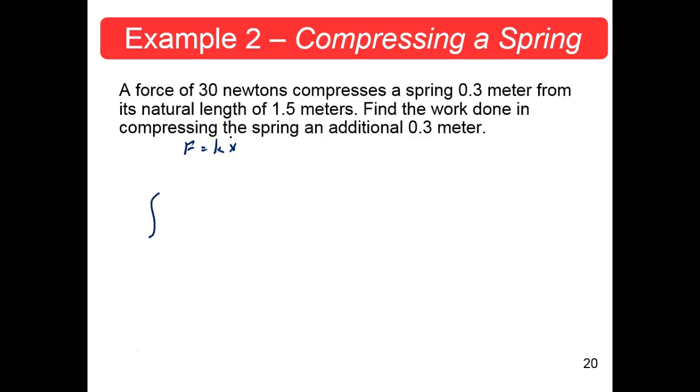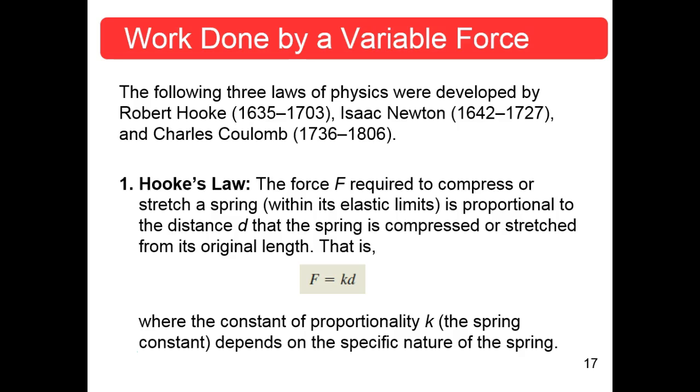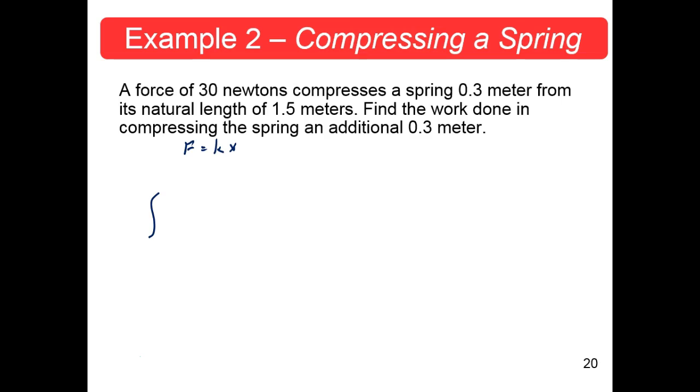I don't want to use D. Any ideas why? Yeah, then it'll be dD, which sort of is bizarre for some reason. So I want to use X. Y'all okay with it?